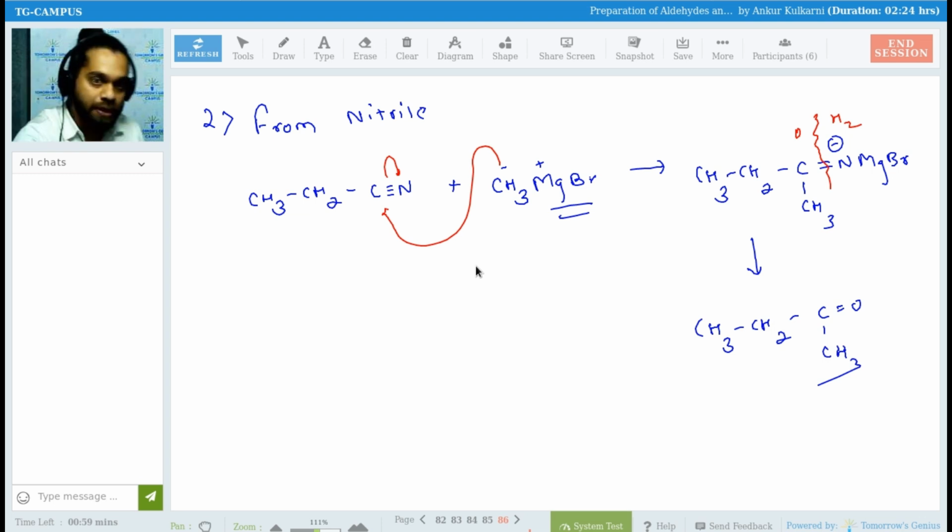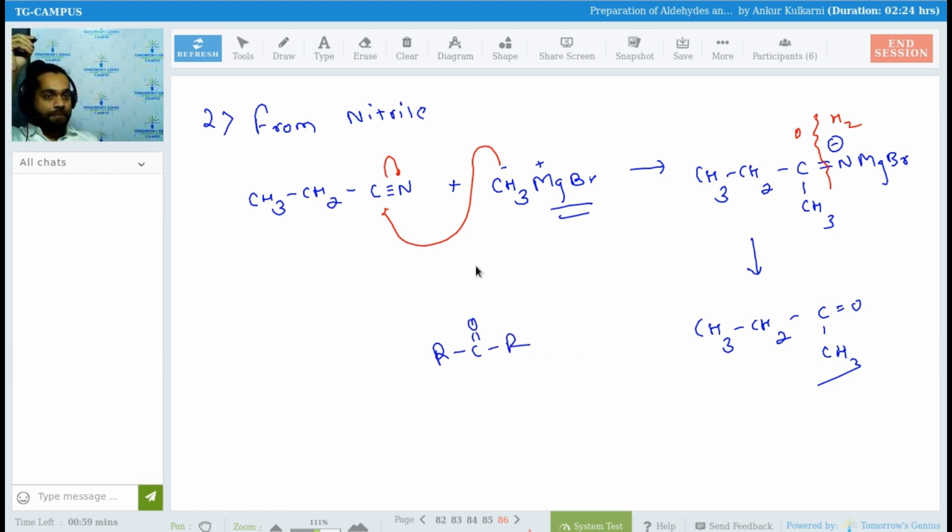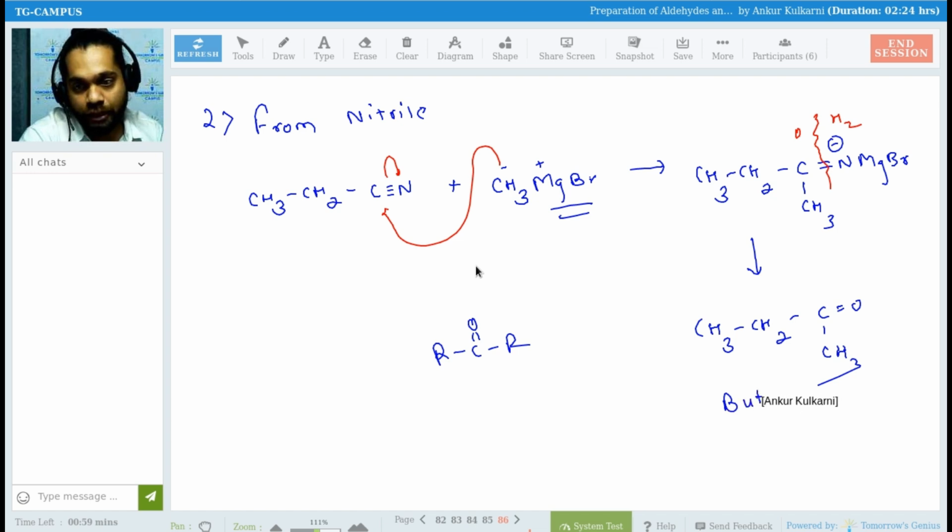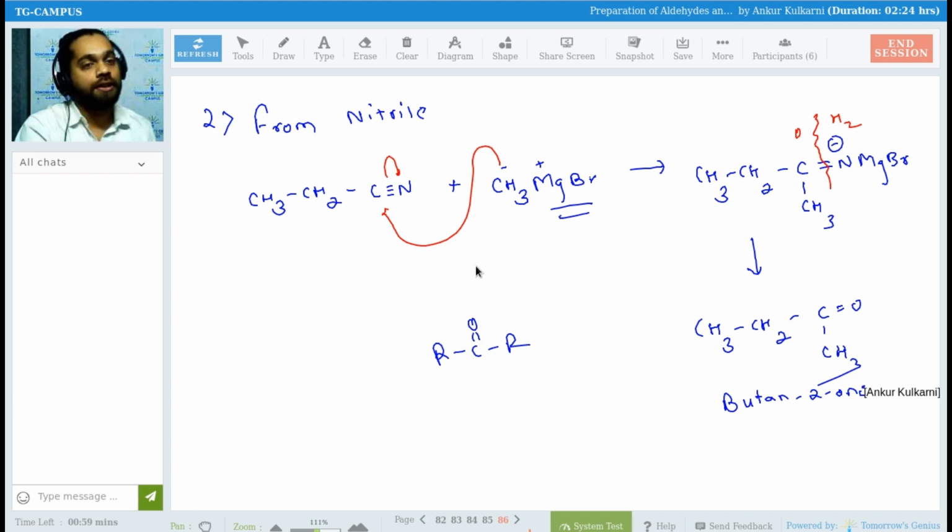We have already seen this functional group R C=O R. Prashanti, I expect a correct answer now. Perfect, Sarjana, it is butan-2-one.